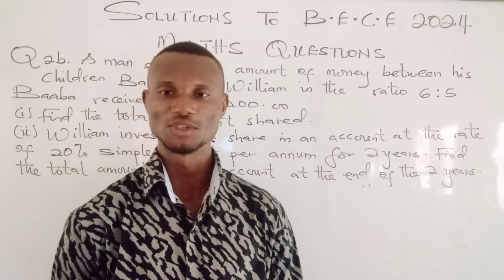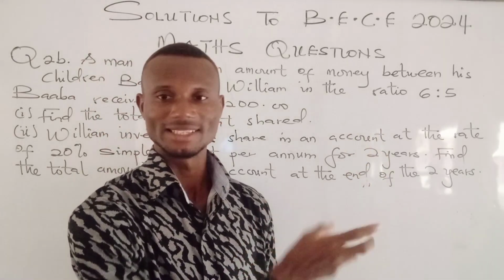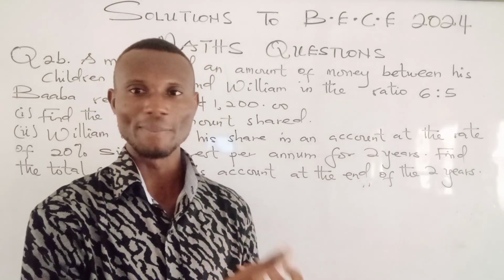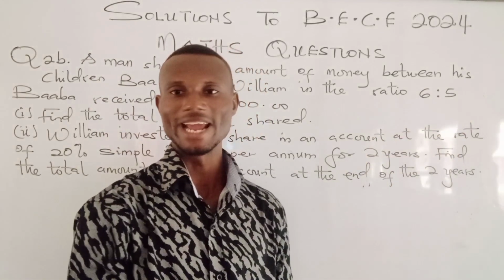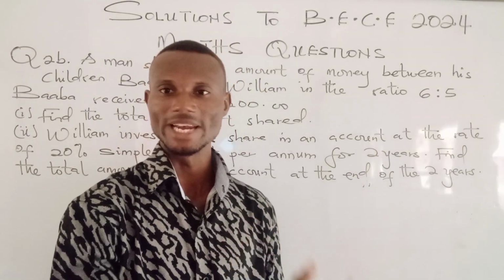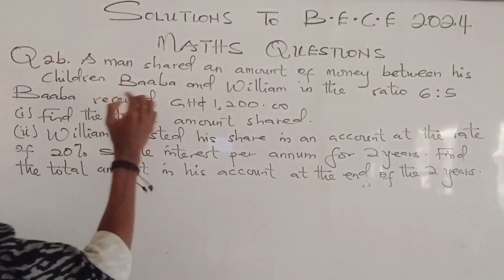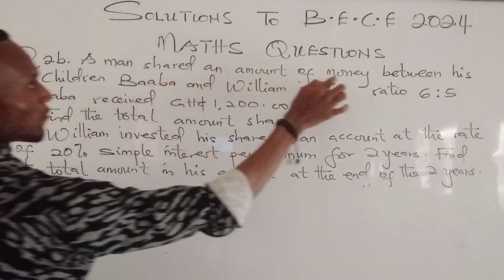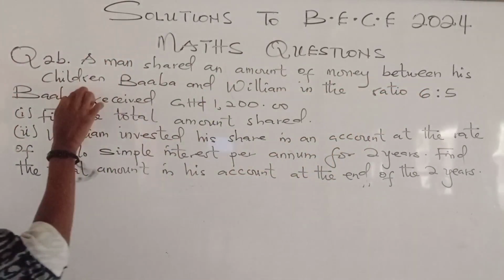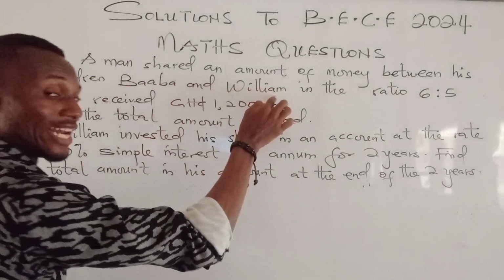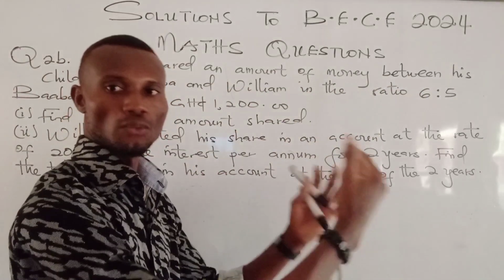Now let me explain something to you. The 6 here represents the amount that Baba received, and the 5 here represents the amount that William received. Because it says that the money was shared between his children, Baba and William, you can see Baba comes first, followed by William.